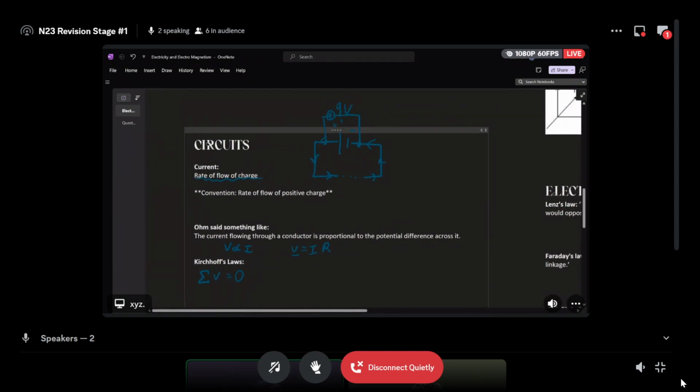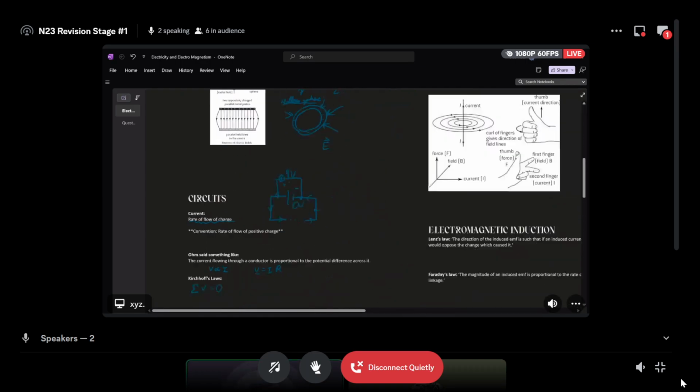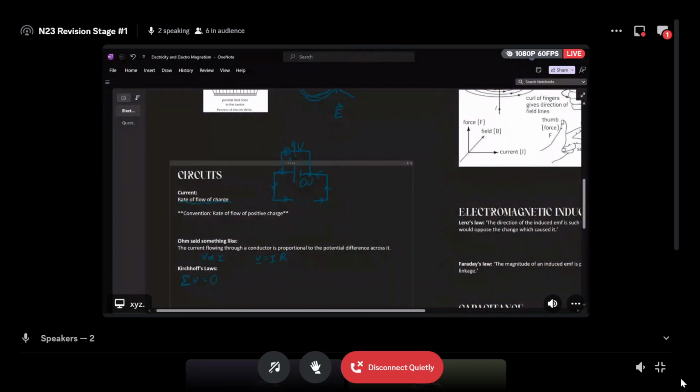So there must be, as we take the sum of all of the drops, and if we set one end of a battery as 0 volts, because remember, voltages and potentials are all relative to given points, there must be a drop of 9 volts.